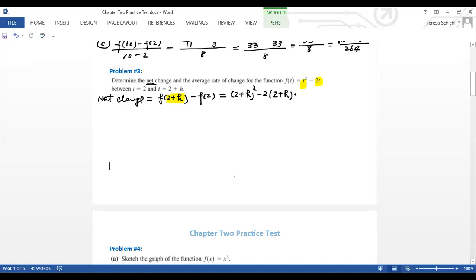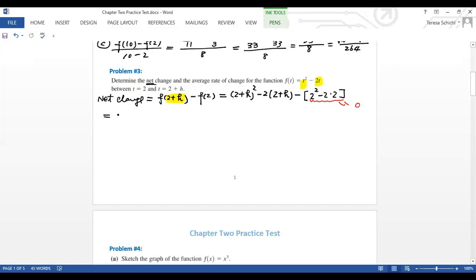Then minus f of 2, so that means 2 squared minus 2 times 2. Okay, so now this one is easy. We say, hey, this is 2 squared minus 2 times 2, so this is zero, right?